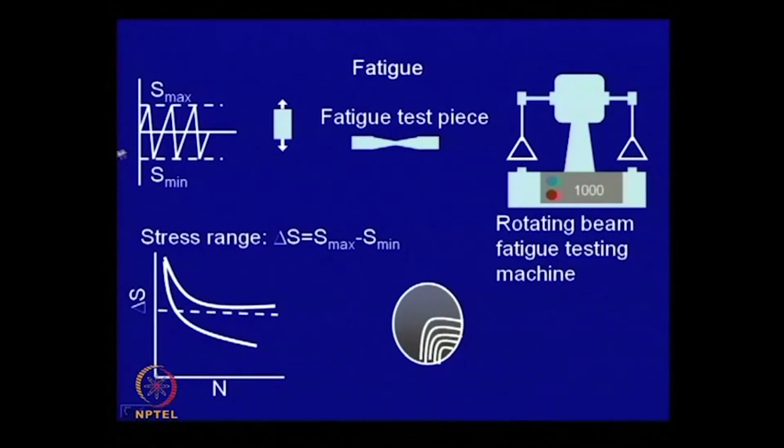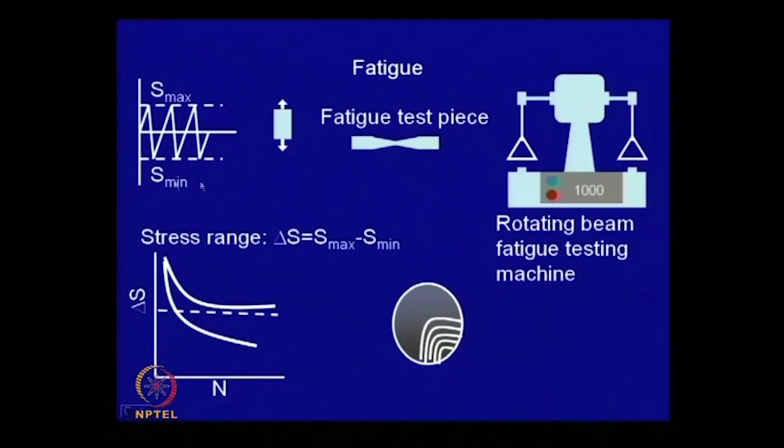As the sample rotates, take a particular point, let us say the outer point. When it is up here, it is in tension. As it rotates, when it goes down, it is subjected to compression. So, this point is subjected to a stress something like this.